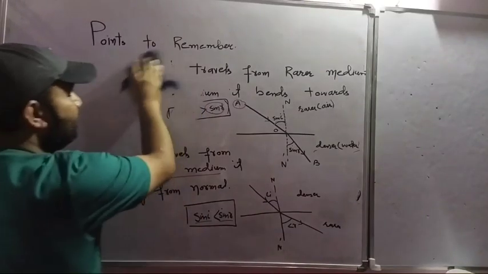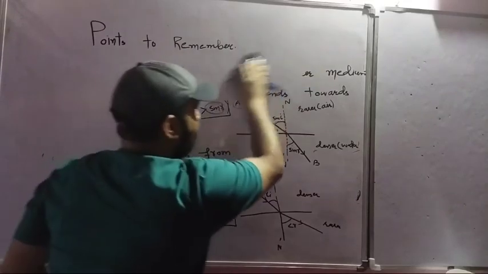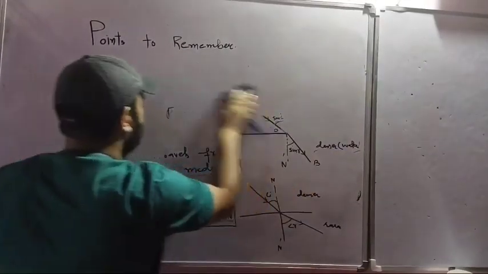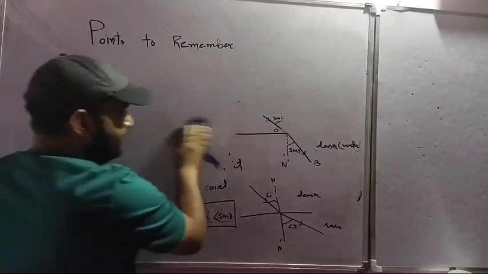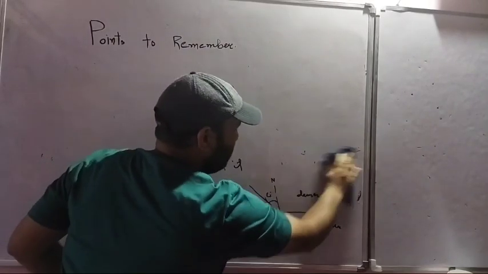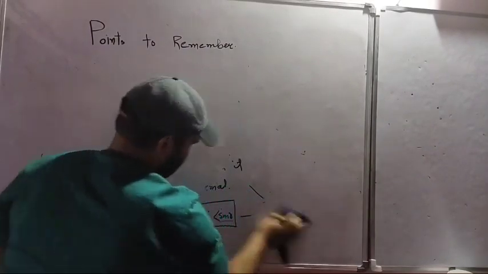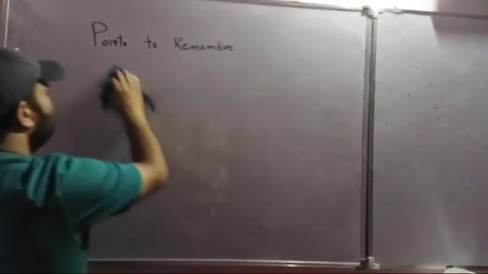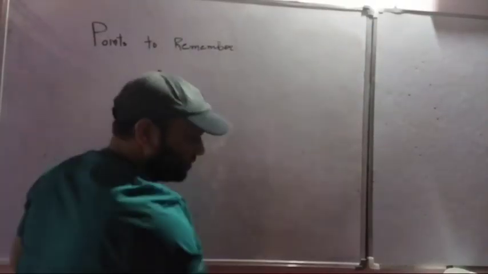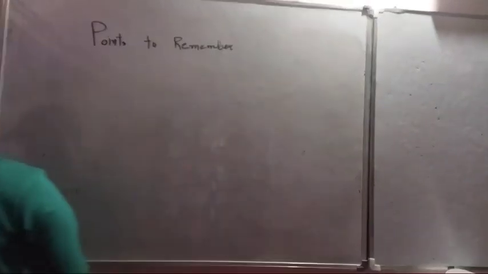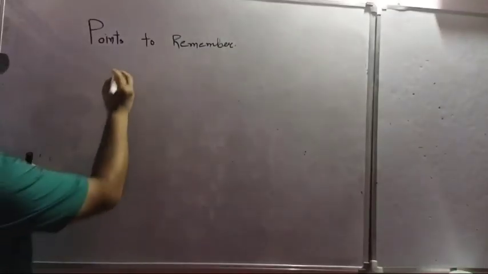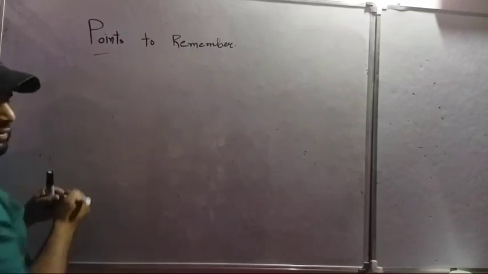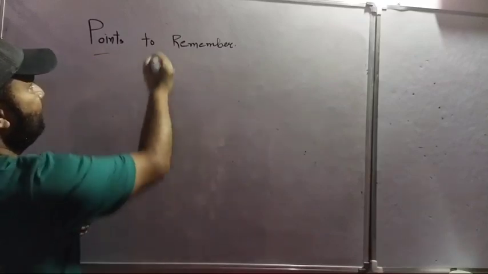Okay. Now one more point that you have to remember is, what is the condition of no refraction? This question can also come. It is a little bit of tidbits related to the refraction of light, and you have to remember it.